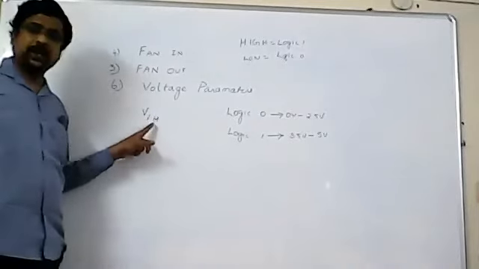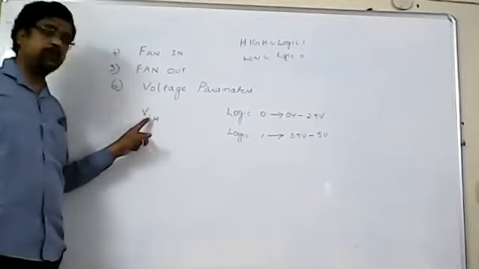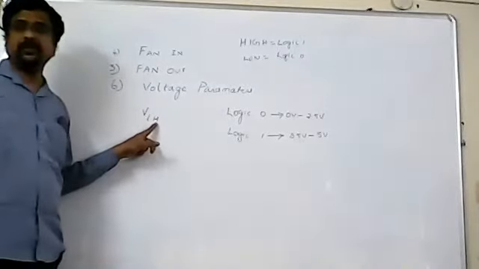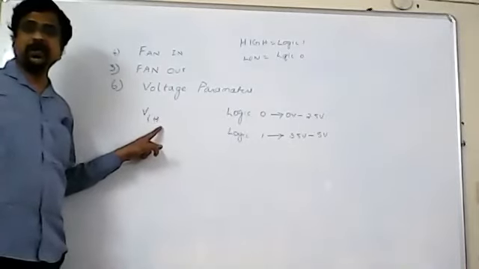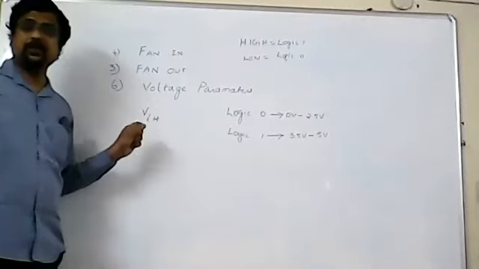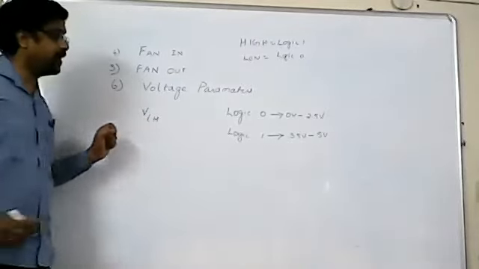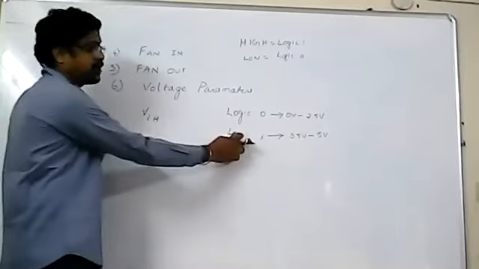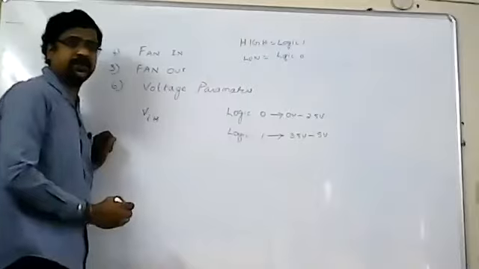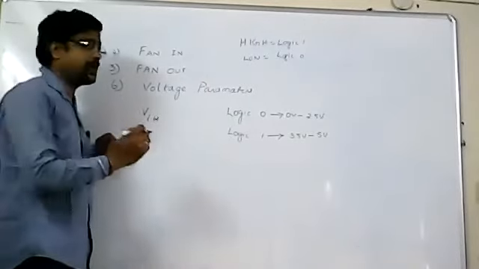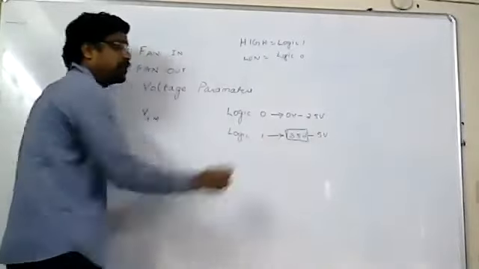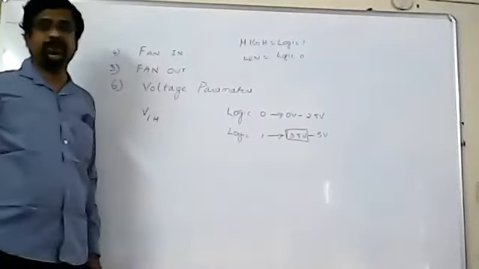So VIH is the input voltage when it is considered to be high. What is the minimum voltage it requires to be logic 1? 3.5 volts is the minimum voltage.